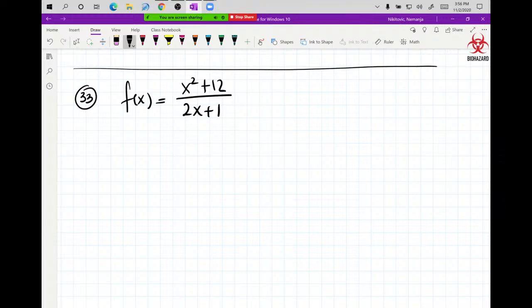Knowing that the numerator doesn't factor at all means that our domain is just negative infinity to negative 1/2 union negative 1/2 to positive infinity. The only interruption in the entire domain is at negative 1/2, which creates 0 in the denominator, so that's a vertical asymptote. There are no other interruptions, so we just go there.